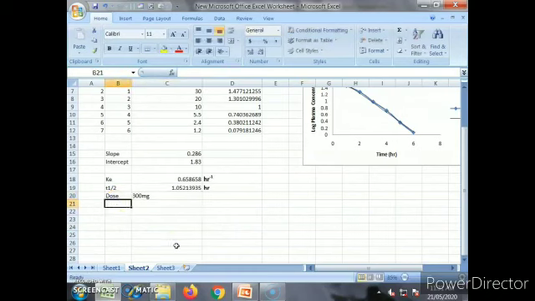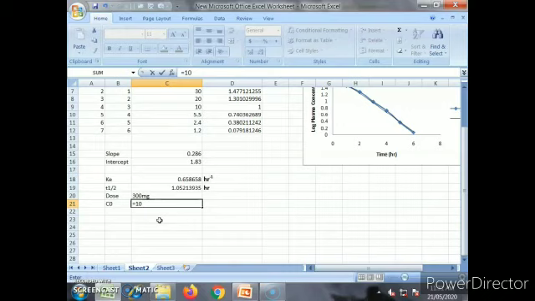Now we will remove the Vd. The Vd formula is the dose divided by the plasma drug concentration. So for the plasma concentration, we have to find C0, the concentration at zero time. To find it we add the formula, that is 10 to the power intercept.